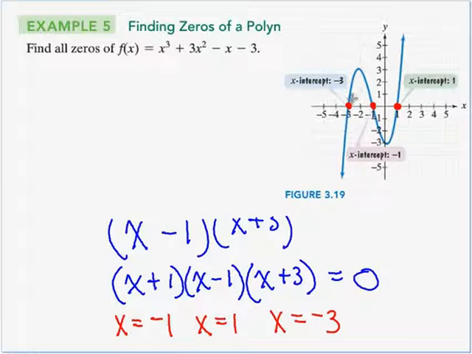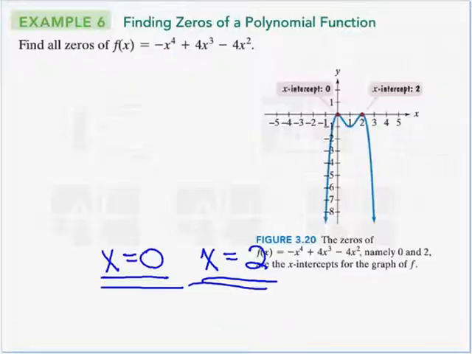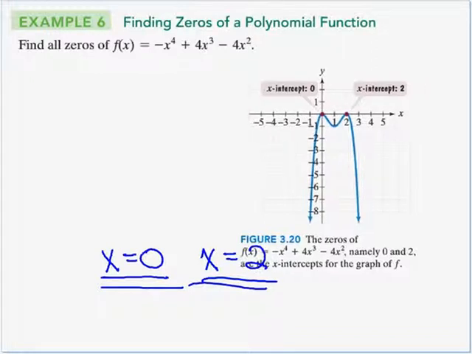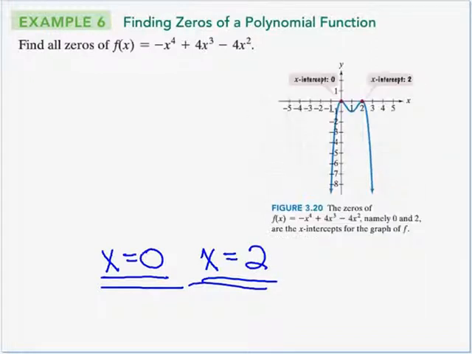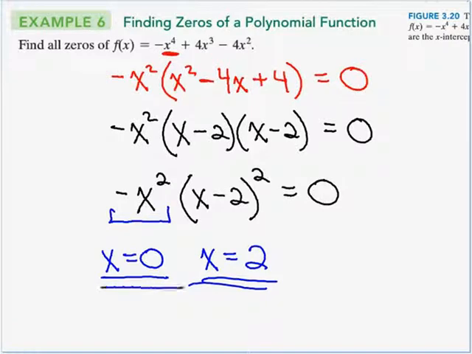There is a way to tell if we cross the x-axis or if here we touch it and turn around. If I back this up, notice here, each of our roots had a squared. This was negative x squared, and this was x minus 2 quantity squared. We call this the multiplicity of the zeros.